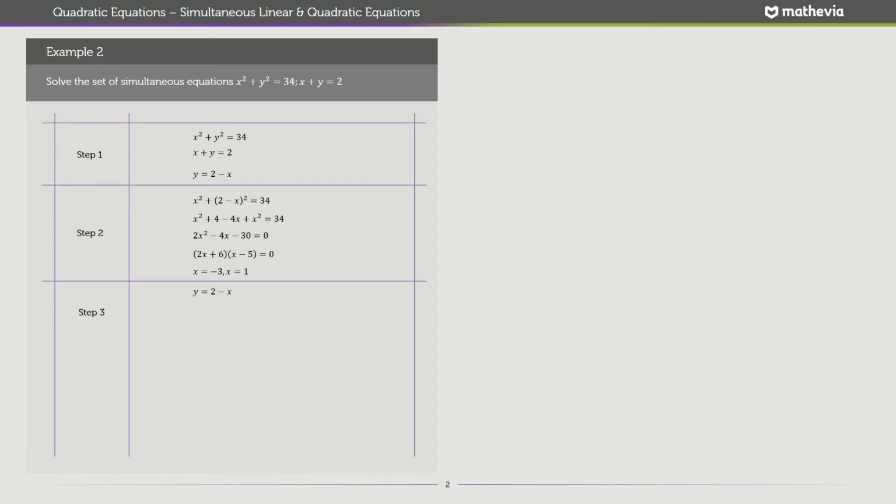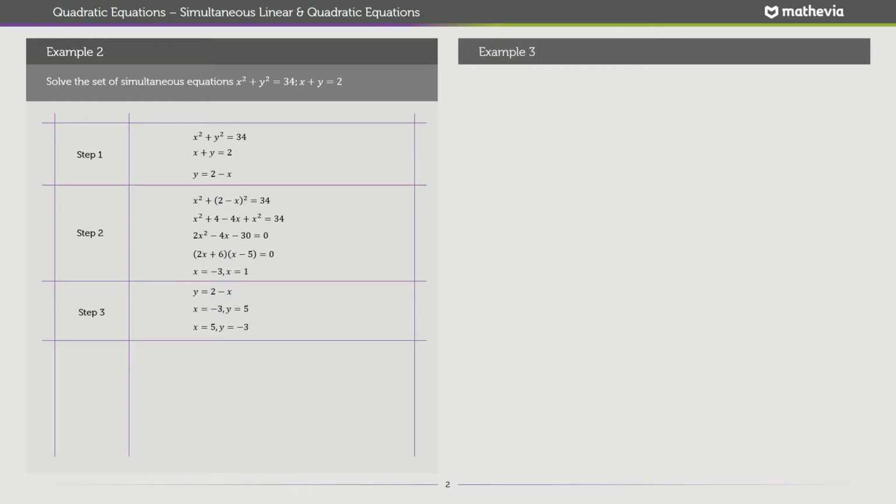We'll go for our y values. We have that y = 2 - x, and when x = -3, y = 5, so 2 - (-3) gives you 5. And when x = 5, which is actually very interesting, you have that y = -3. And that's it. Simple, straightforward.